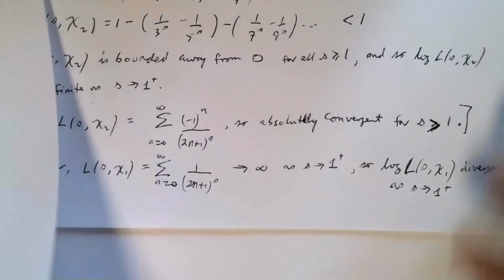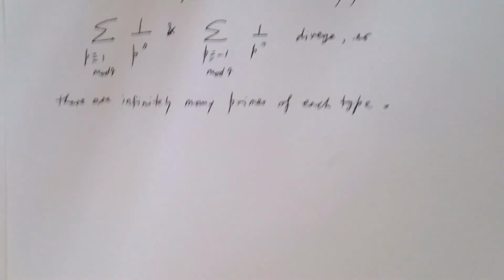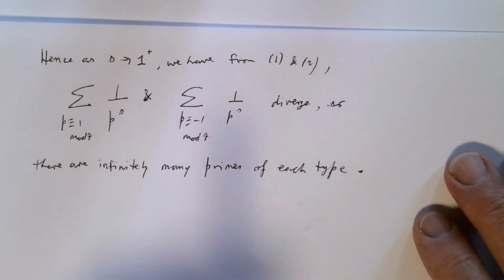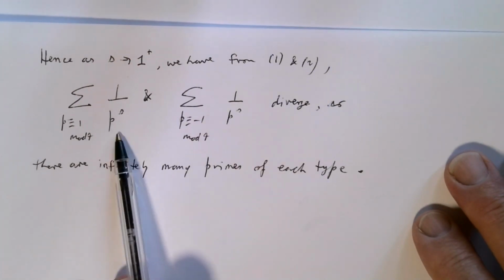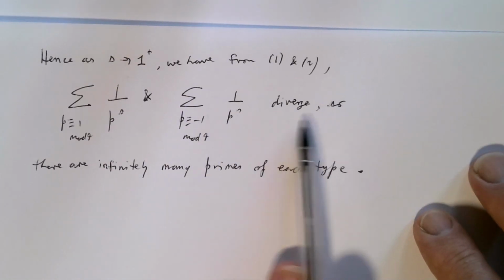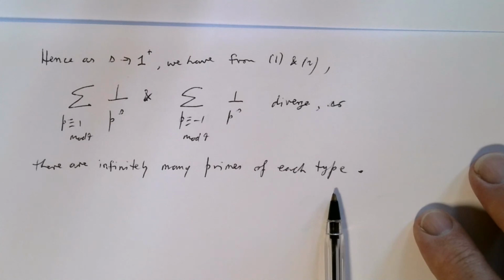Finally, putting that all together in line with what we've just been saying, as s goes to 1, from equations 1 and 2, both of these infinite series diverge, and that means there are infinitely many primes of each type.